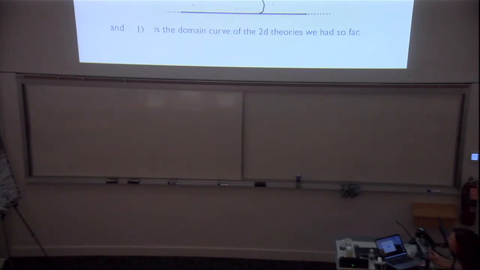So you want to take this 6-dimensional string theory on a manifold that is a product of the Riemann surface, where the conformal blocks live, essentially a direct product, with D, the domain curve where our 2-dimensional theories that arise so far live, and then an auxiliary complex plane. So those are my 6 dimensions.